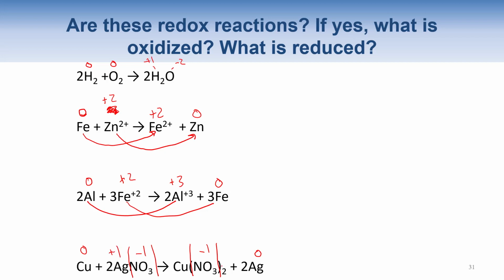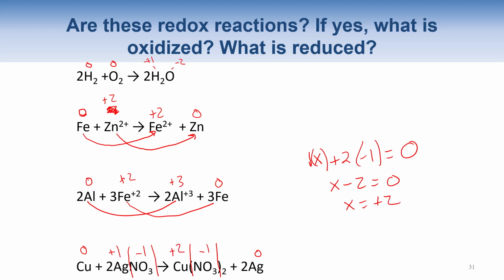And this has to sum to 0, but there's 2 of them. So we have 1 copper plus we have 2 of those -1 nitrate groups, and we sum that to 0. X minus 2 equals 0, so X is actually a +2. So to calculate copper, it's +2.